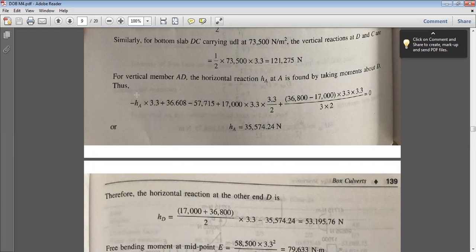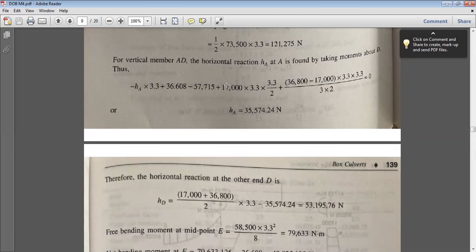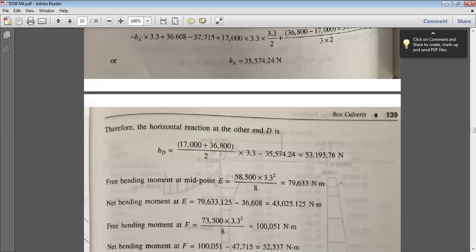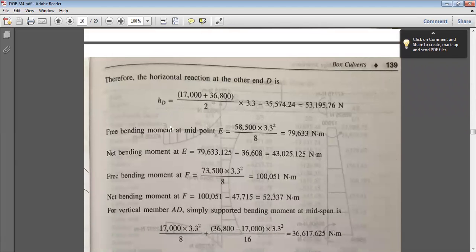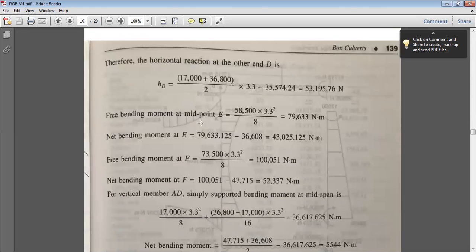I will get the shear force at A. Next at D, the summation of moments at D is equal to 0, and if I do that, I will get HD. Both the shear force and moments I have got at every junction now, correct?